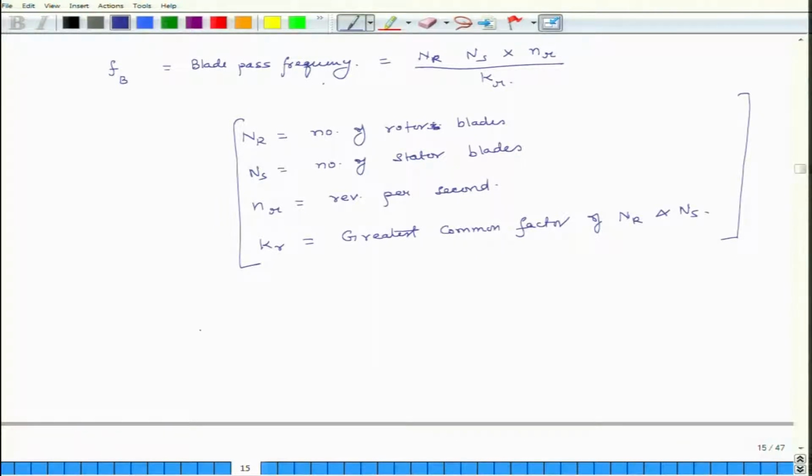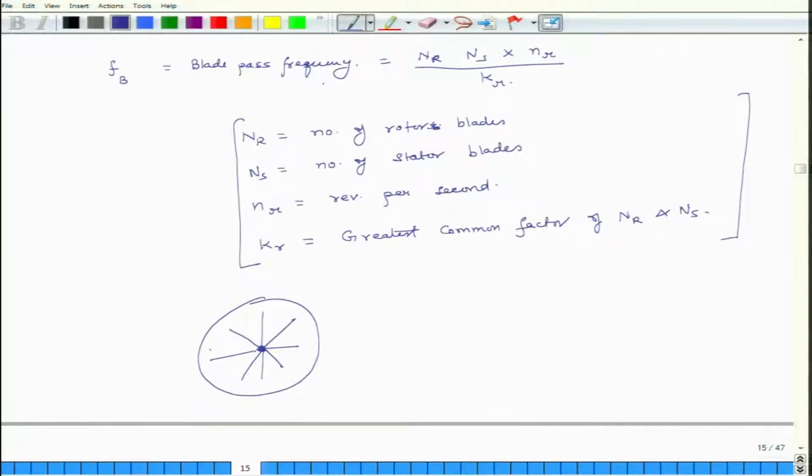So, consider just a simple picture. Let us say this is the shaft and let us say there are 8 blades. The shaft is rotating and I have made a very simple picture. Attached to the shaft are 8 blades.